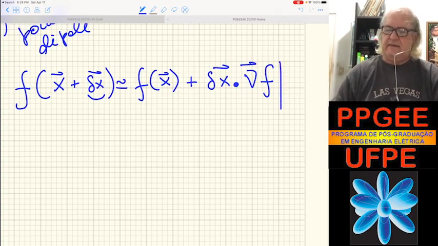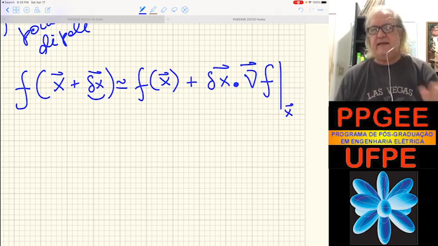It's calculated at x, assuming that delta x is 0.